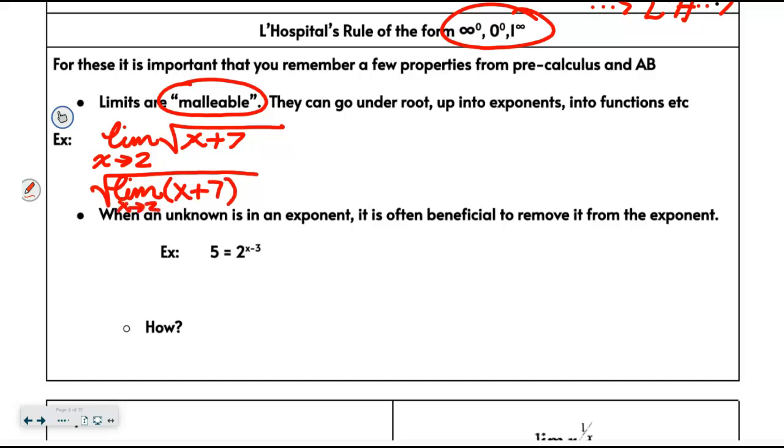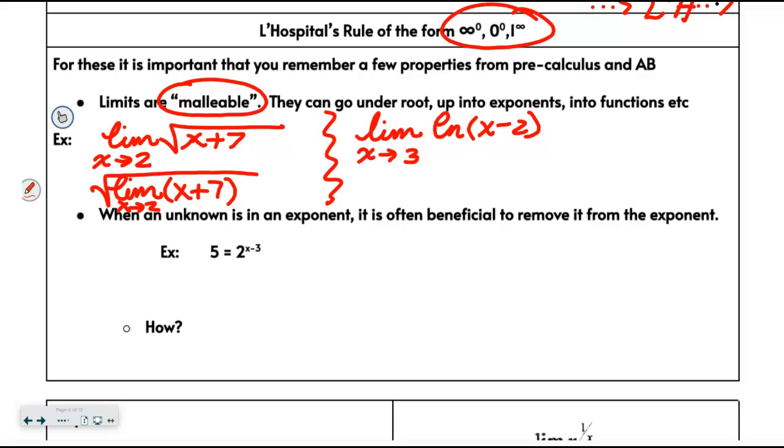Those are the exact same thing. What do I get on the bottom one if I do the limit as x approaches 2 of x plus 7? I get a 9. Right? What do I get when I root it? 3. They get to go in roots, into functions, into powers, and more importantly, what we're going to be doing is taking limits. I'm going to say as x approaches 3, the natural log of x minus 2.